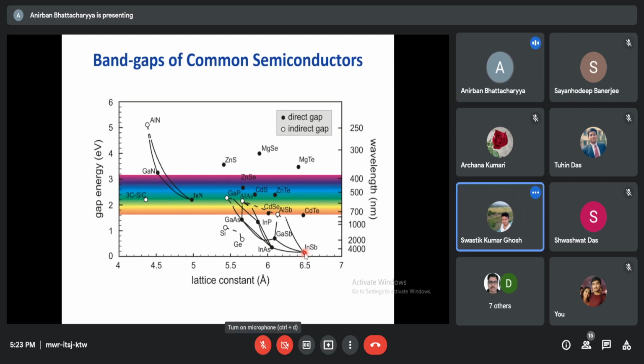Low temperature means longer wavelength. Higher temperature means shorter wavelength. So, the low temperature is heat, right?